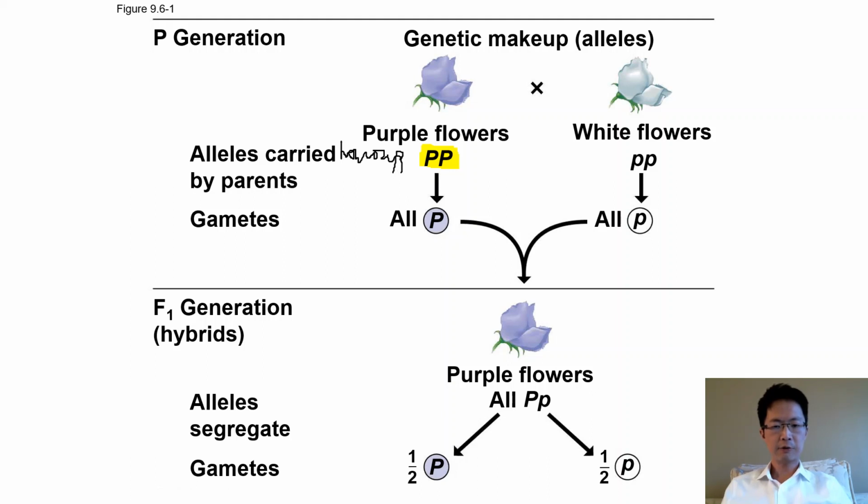Okay, I cannot finish the spelling. Homozygous dominant. And the white flower, we call it homozygous recessive.